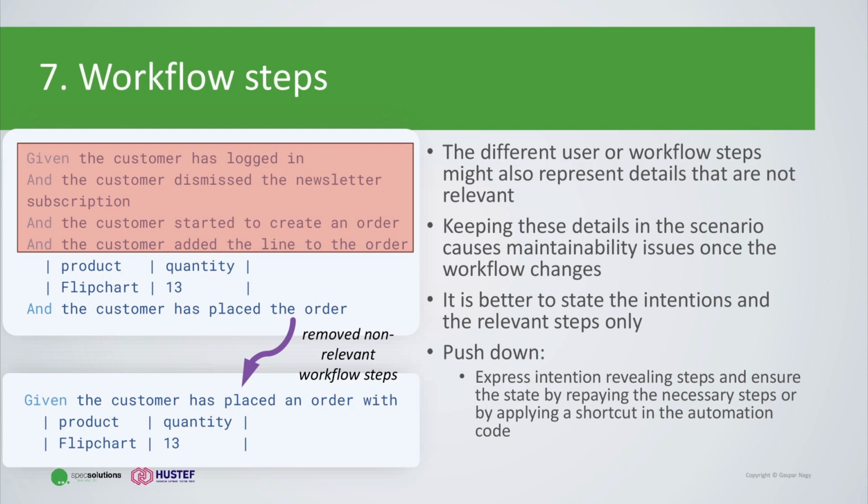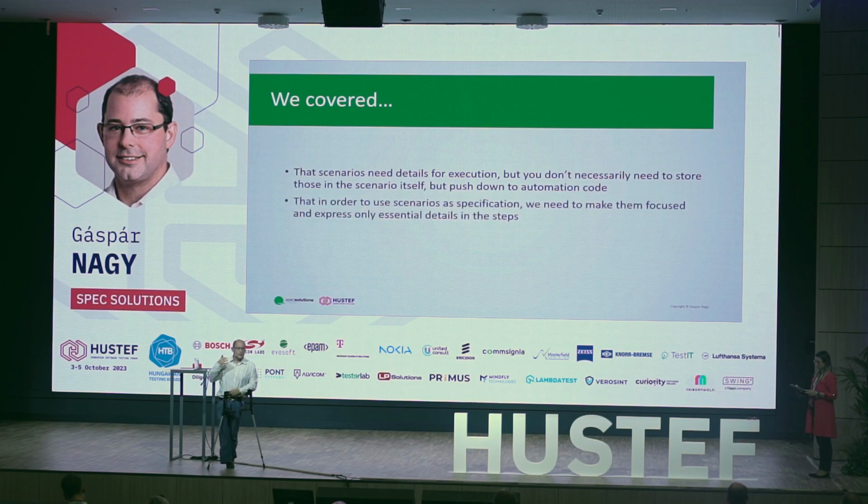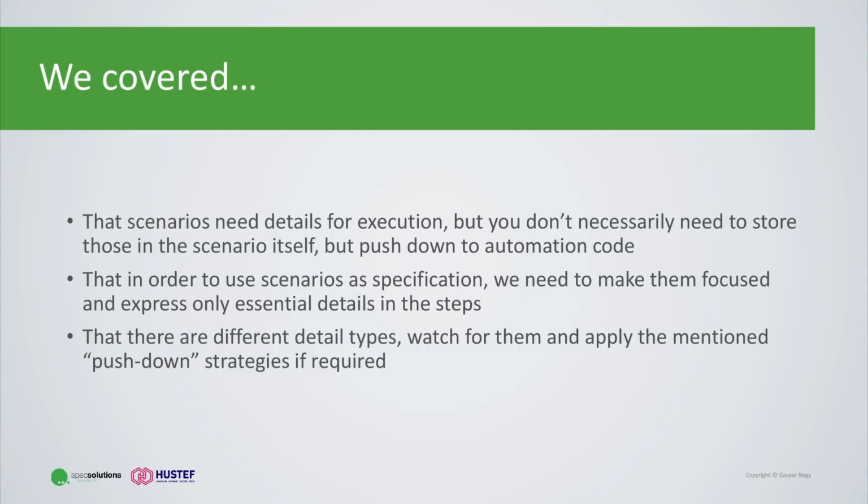So actually, I'm done. Basically, what we have seen is that these scenario details are needed for the execution, but you don't necessarily want to express them in the scenarios. We have also seen that to be able to use the scenarios as specification, you have to have them focused and clean, and there are probably different detail types, and you need to somewhat identify those and try to apply these push-down strategies that we have seen.